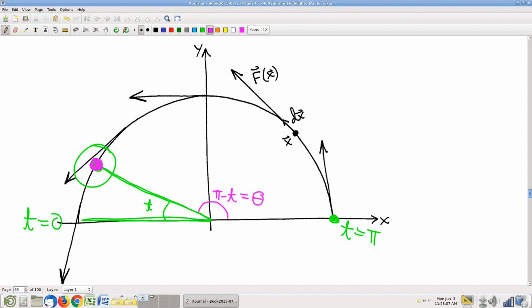Right? This is the unit circle. So I would write that point then as cosine theta, sine theta, which I would then have to recognize, okay, well, yeah, but theta is pi minus t.